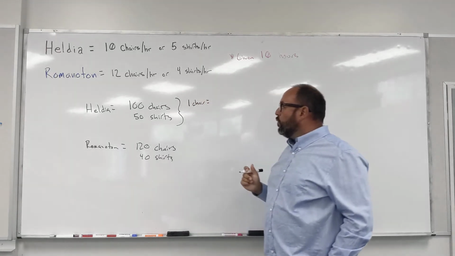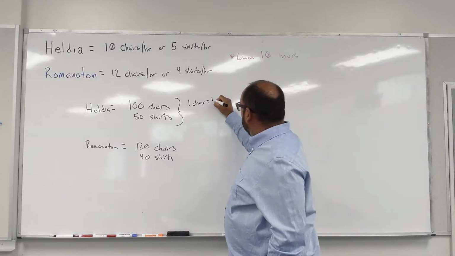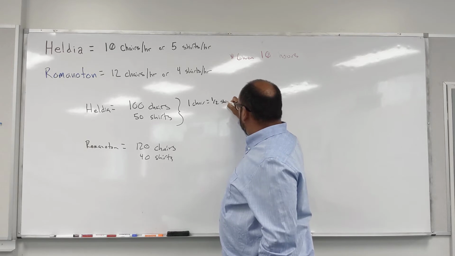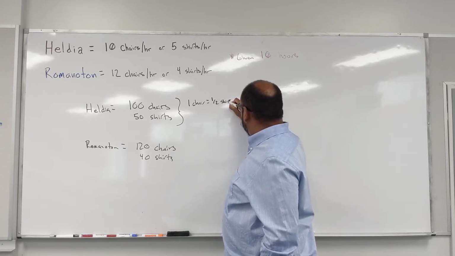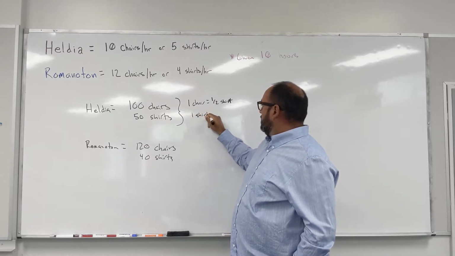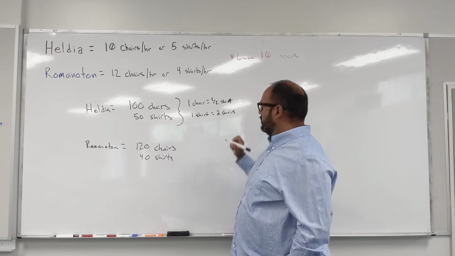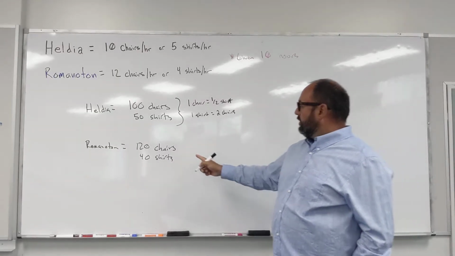For every one chair that Heldia chooses to make, they're giving up half a shirt. And for every one shirt they produce, they're giving up 2 chairs.